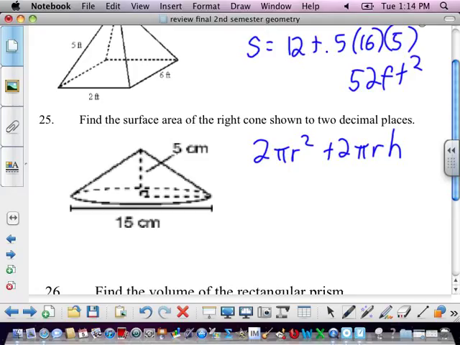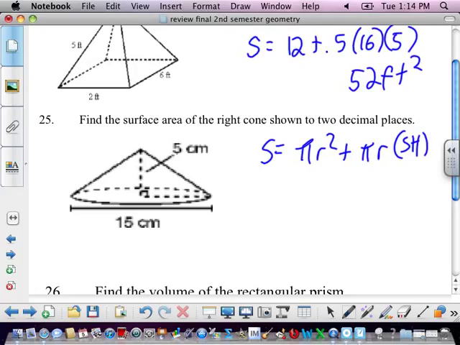This isn't right. It's pi r squared. Who's got it out of the book? Yes, Brianna. S equals pi r squared plus pi r times slant height.